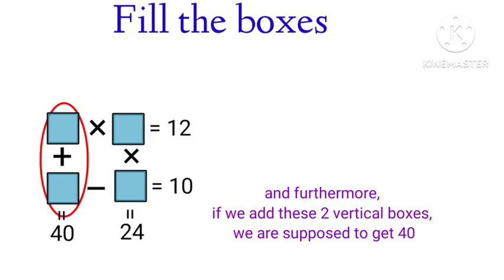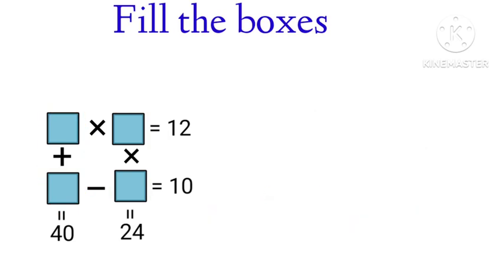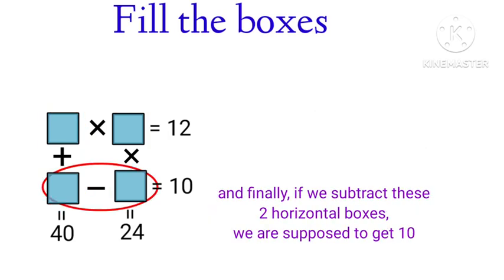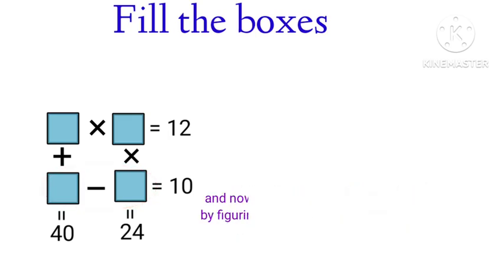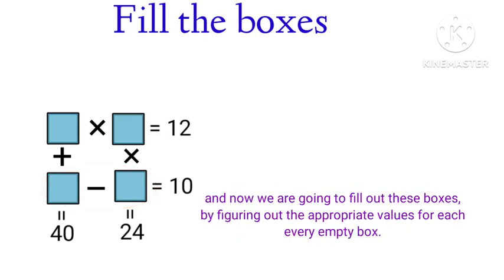And furthermore, if we add these two vertical boxes, we are supposed to get 40. And finally, if we subtract these two horizontal boxes, we are supposed to get 10. And now we are going to fill out these boxes by figuring out the appropriate values for every empty box.